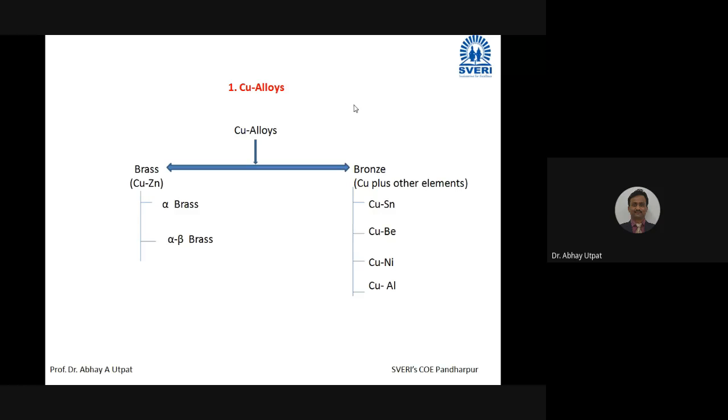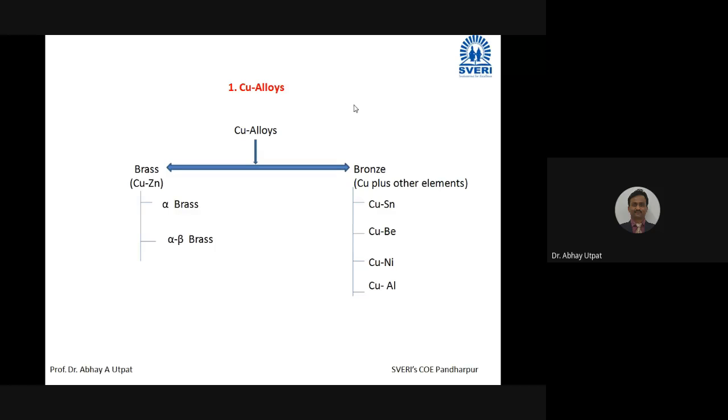Okay. So bronzes are copper plus other elements. Which are these other elements? Tin, beryllium, nickel, and aluminum.